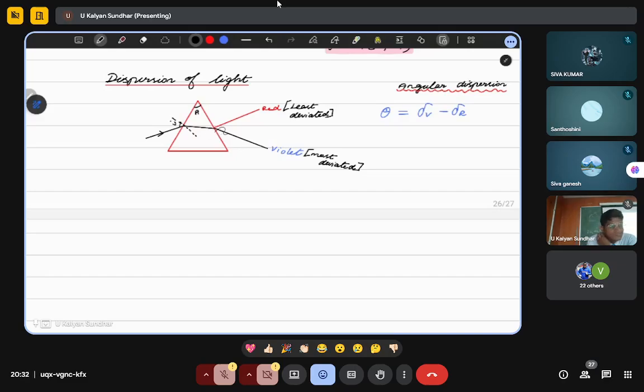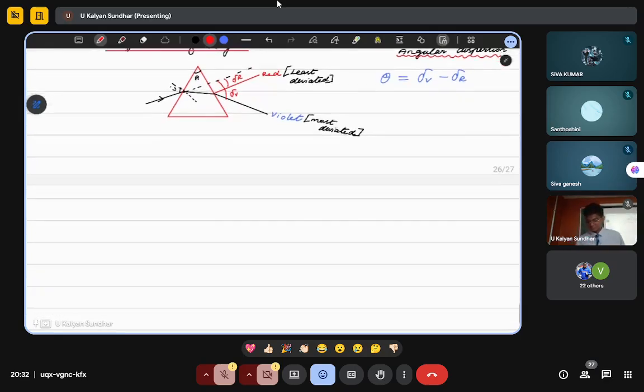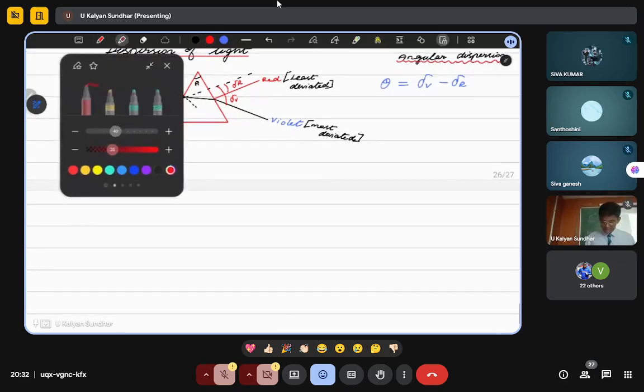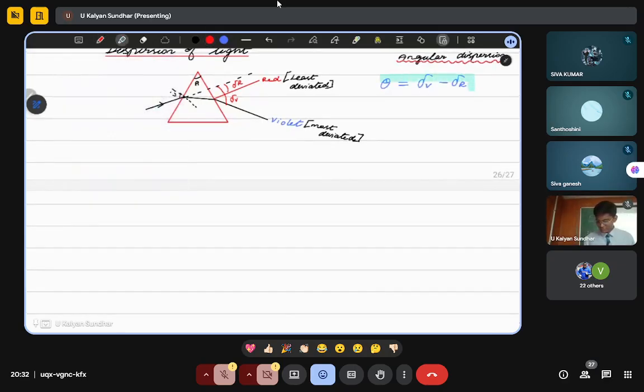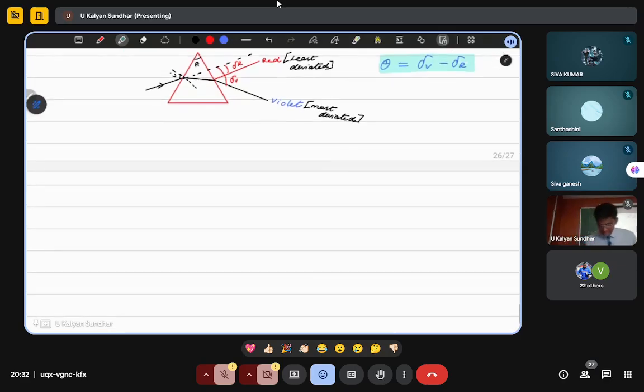So initially this will be the value. This is your del R and this is your del P. So angular dispersion is the difference of the deviation of the violet minus the deviation of the red.